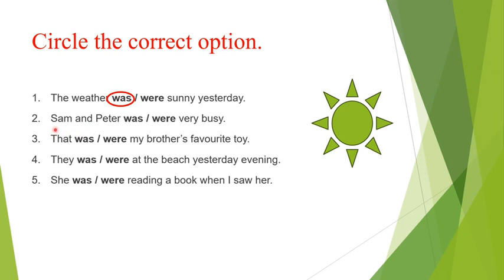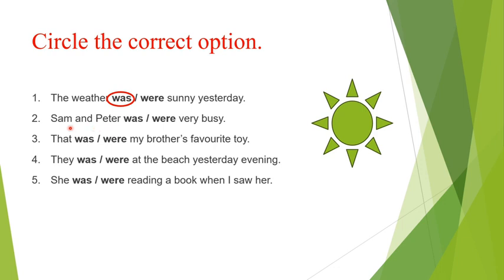Next, sentence number 2. Sam and Peter were very busy. Okay, now let's see our subject. Sam and Peter. Now you tell me, is it a singular subject or a plural subject? It's a noun, right? Is it a singular noun or a plural noun?